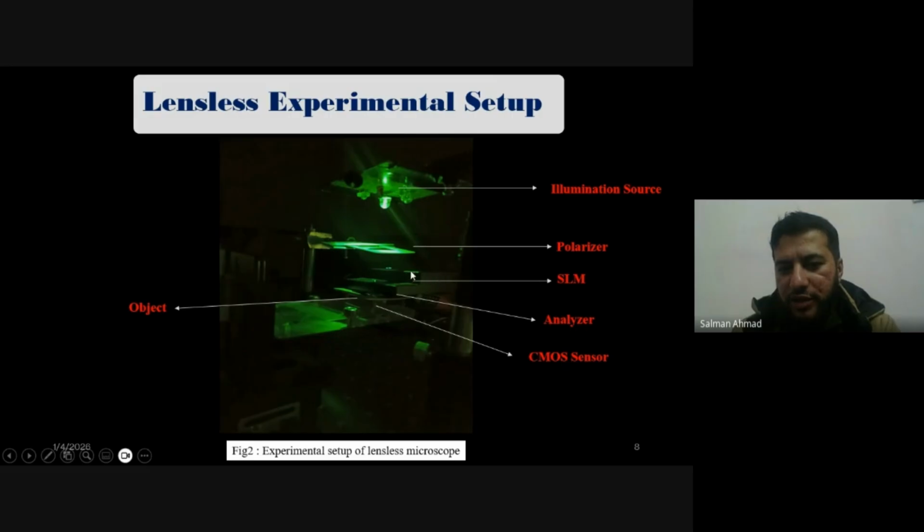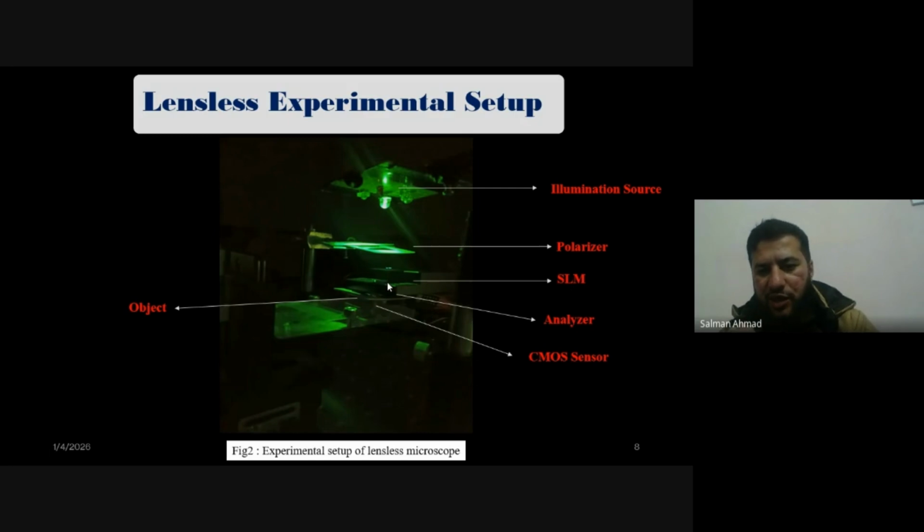It's actually a device in which we apply a structure. Usually, we use a lens or any transparent shape.